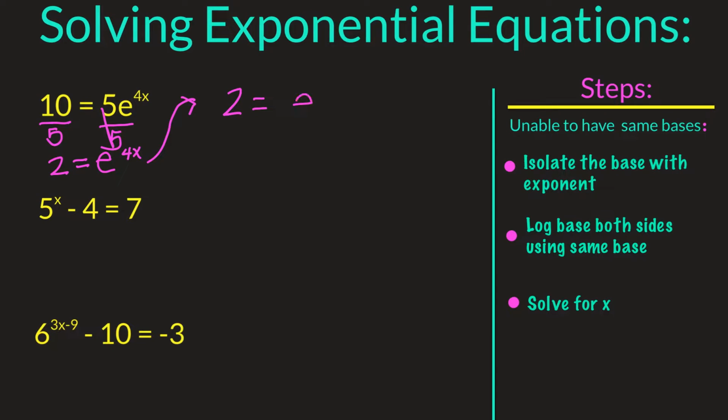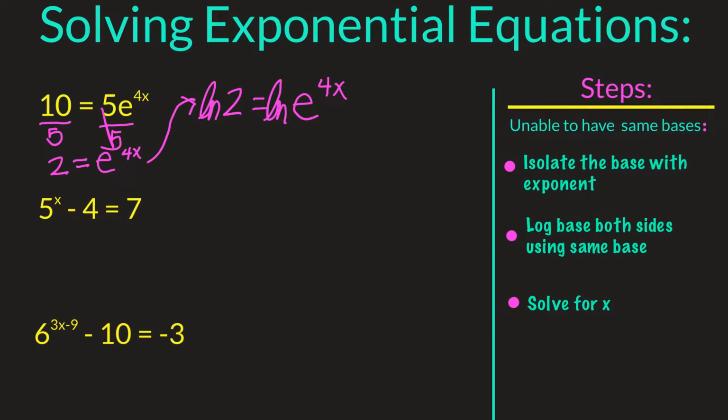Okay, so now what we want to do is log both sides with the same base. That's going to get our base to cancel. Now notice that our base is e, so the log that has a base of e is ln. So we're going to take the ln of both sides.